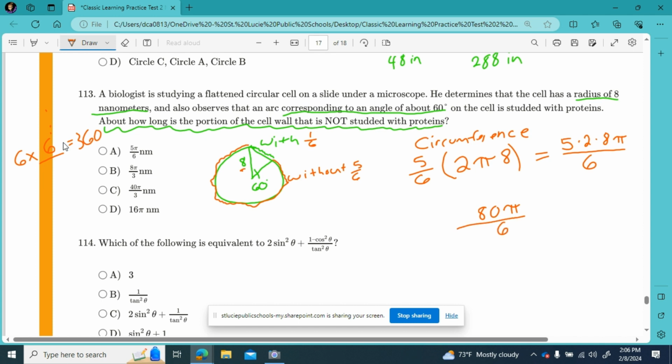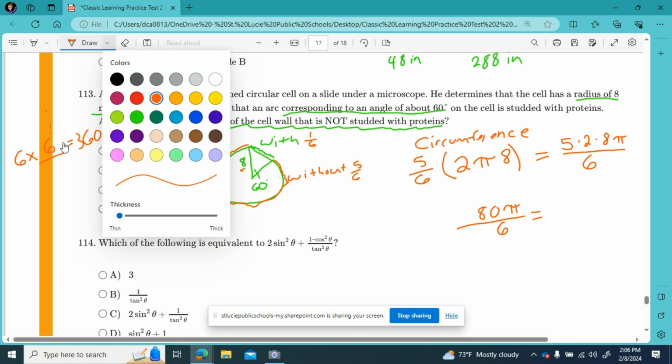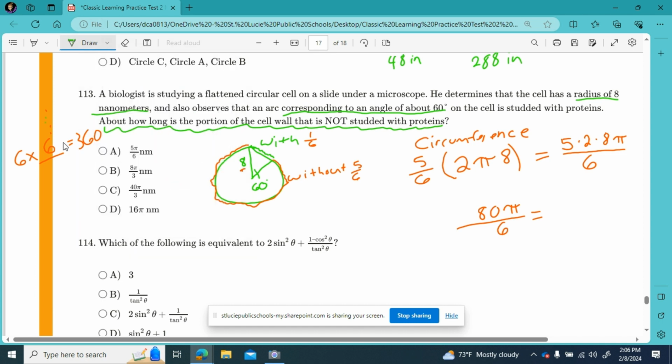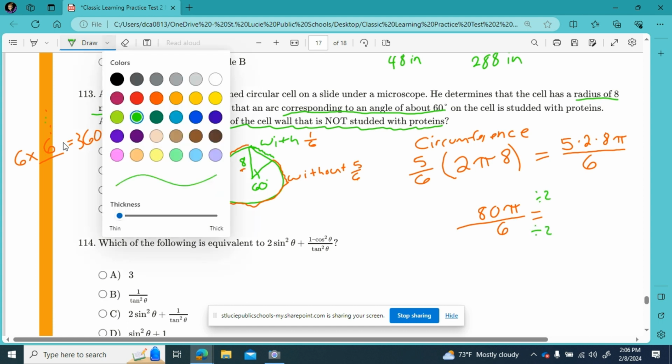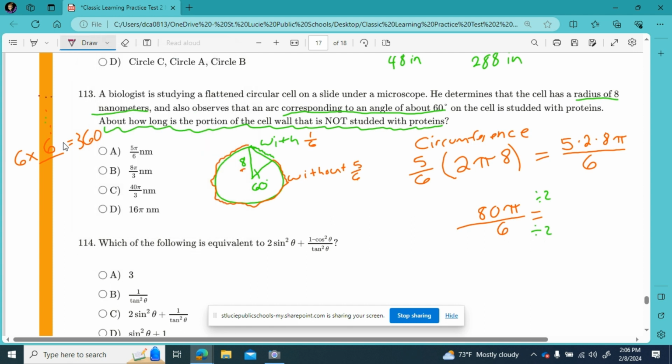And both of those are even numbers, so I can take the top and bottom and divide them both by 2. So 80 divided by 2 is 40 pi, and 6 divided by 2 is 3. So answer choice C is the correct answer for question 113.